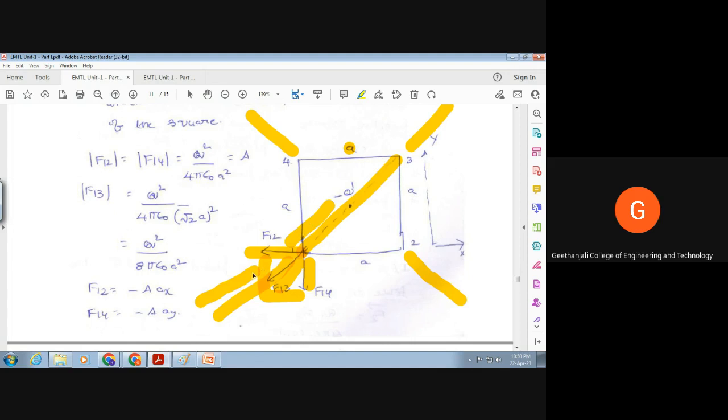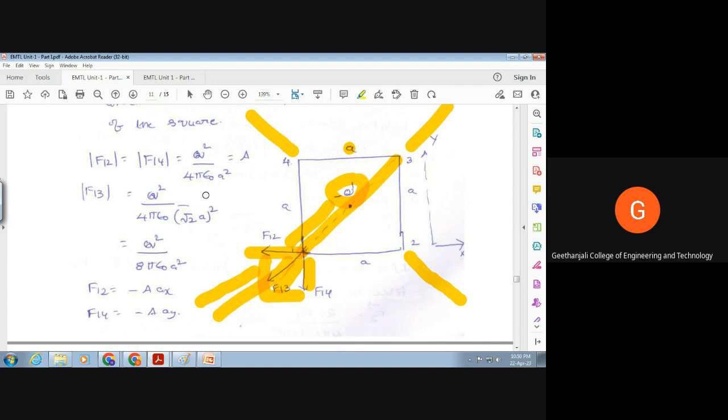So if this is the repulsive force and this is the attractive force, then in order to create this attractive force, naturally I have to keep a negative charge at the center of the square. The magnitude of the negative charge q dash has to be selected in such a way that the amount of attractive force will be equal to the amount of repulsive force. Okay, now let us do this problem.